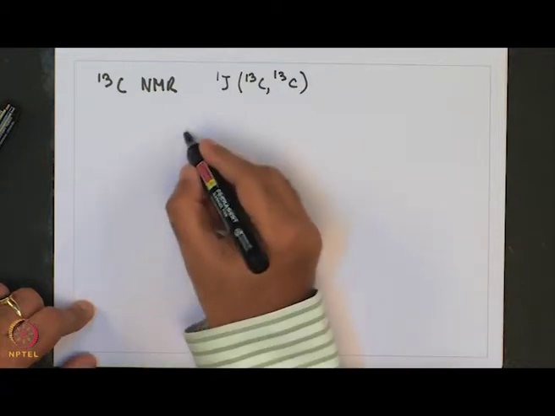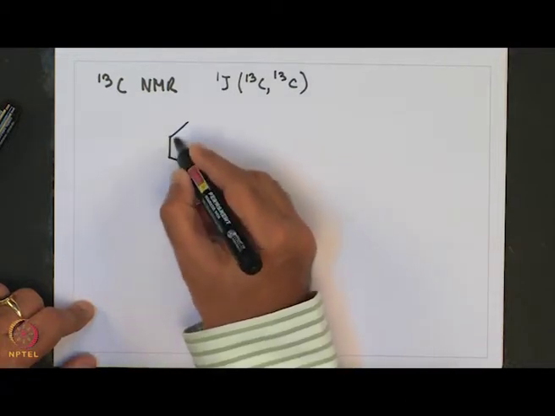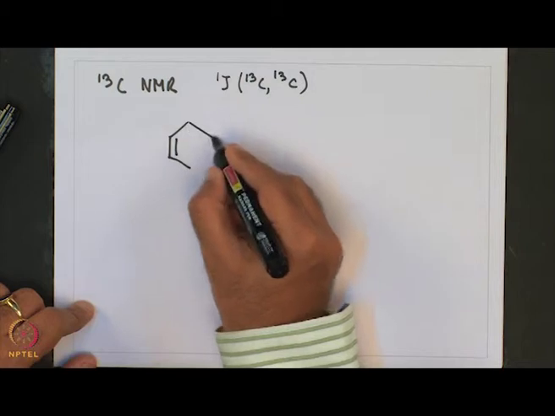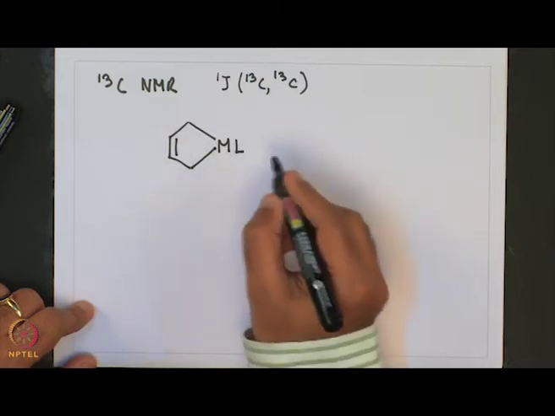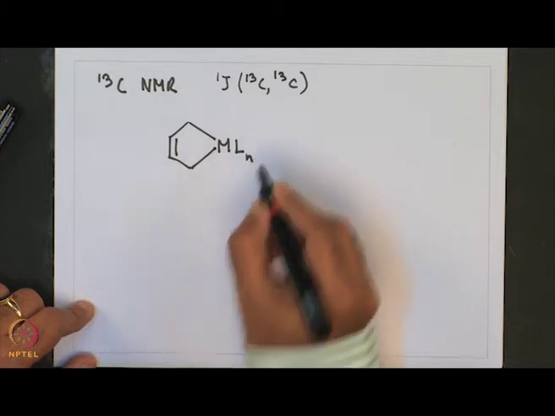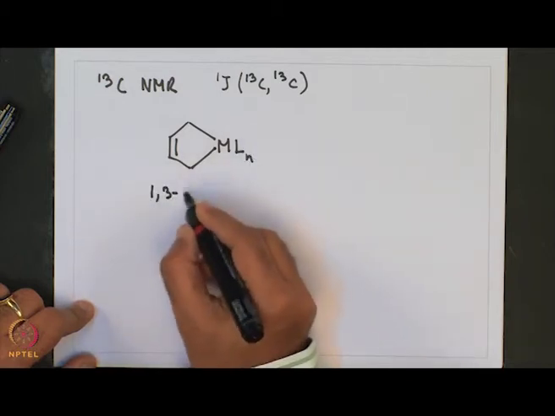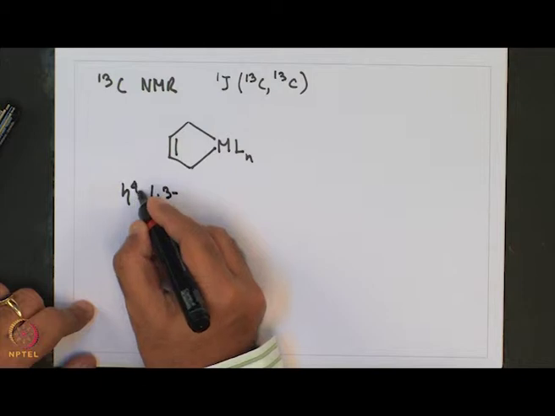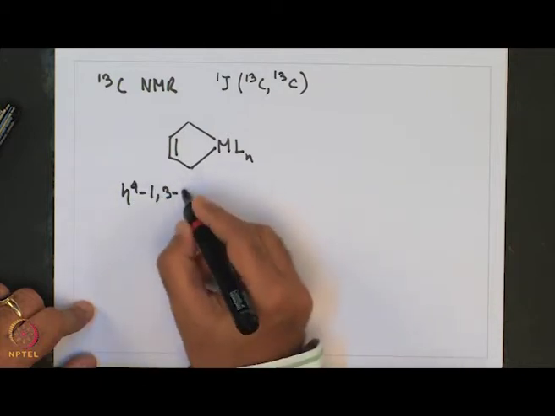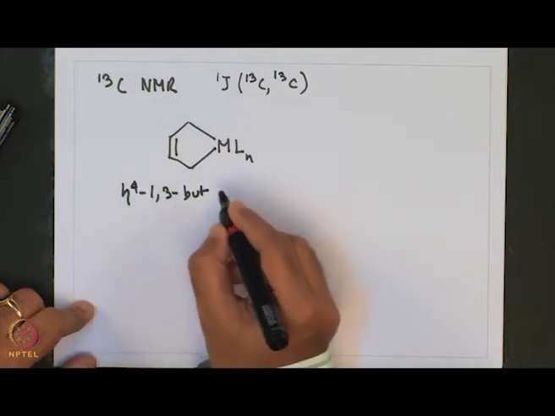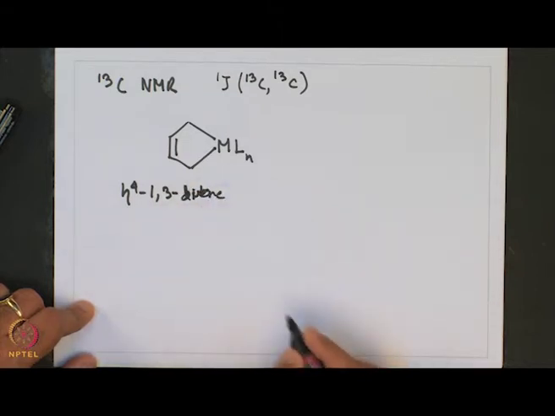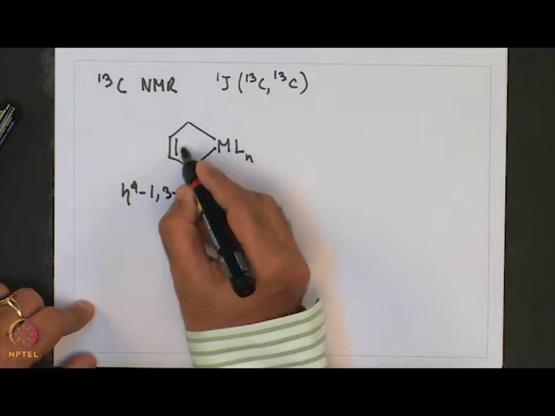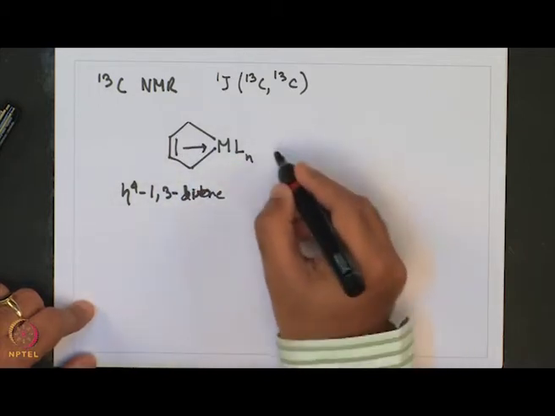For example, in eta 4 1,3 butadiene, so this is one type of binding.